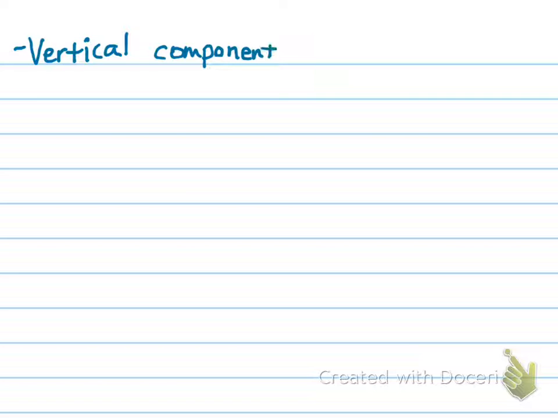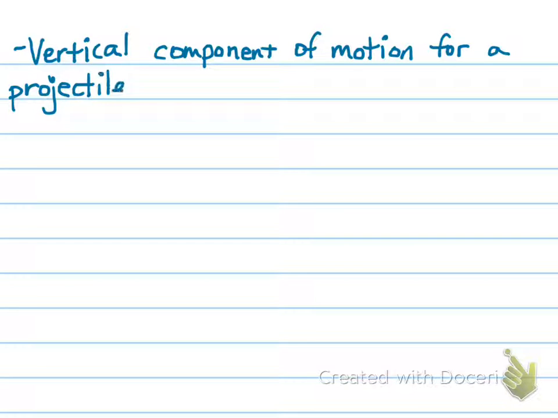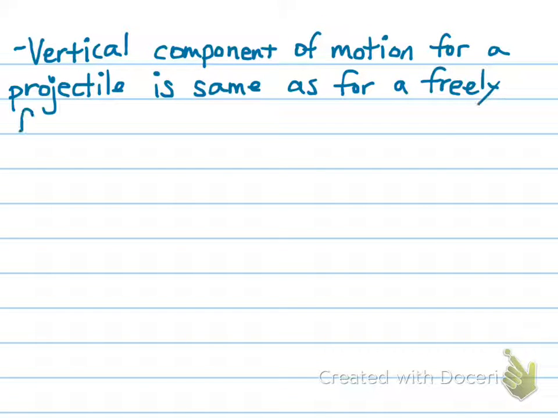The vertical component of the motion of a projectile is the same as for a freely falling object, which is why we've already talked about how objects move in free fall.